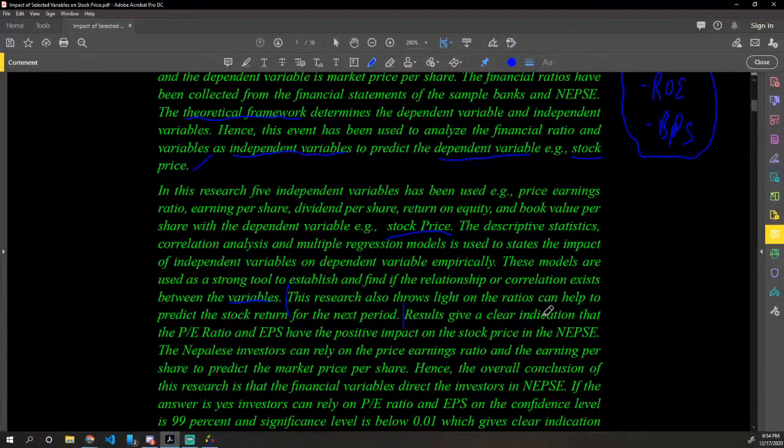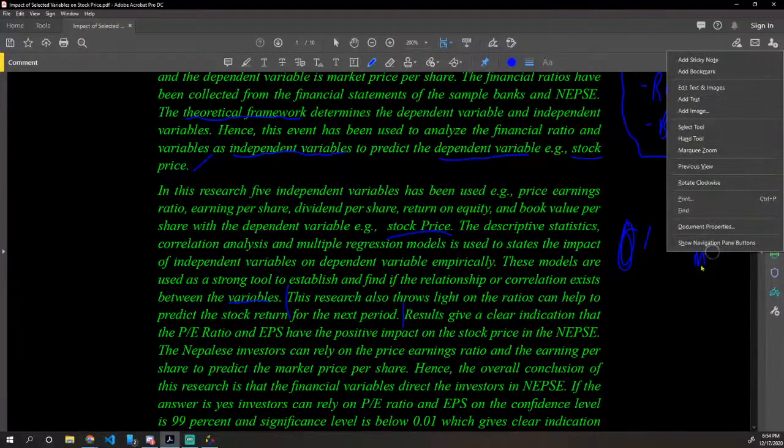The results give a clear indication that PE ratio and EPS have a positive impact on the share price. So basically, if EPS, earning per share, is rising, the dependent variable will also rise. If the price to earning ratio is growing, then the stock price will also rise.